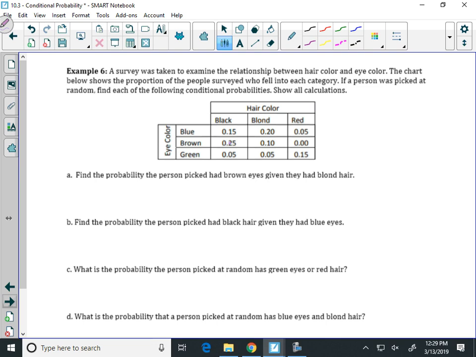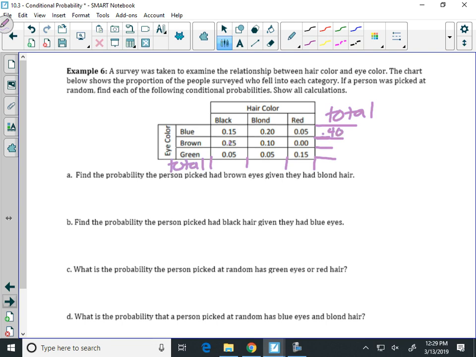What are we missing from our table? Totals. So let's find them. Don't have the totals, find them. For blue, what do we get when we add those three up? 0.15 plus 0.20 plus 0.05 is what? 0.40.